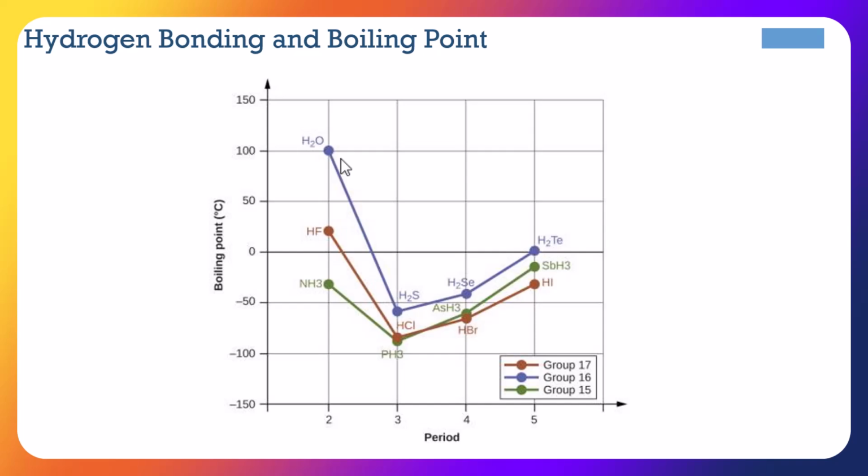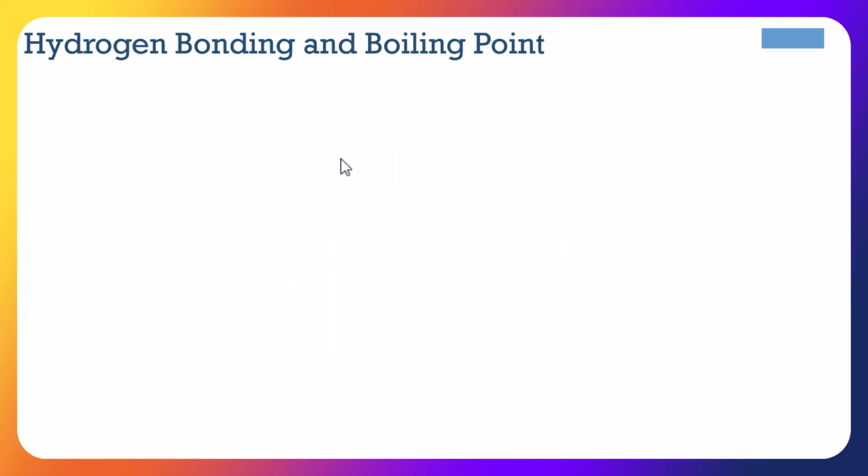It's also got these unique properties that when it becomes a snowflake, it always has 6 sides. When it becomes a solid, it actually gets less dense. Everything else gets more dense. But now that we understand intermolecular forces, we can understand why all of these unique properties for water exist. So let's take a look at water and some intermolecular forces.